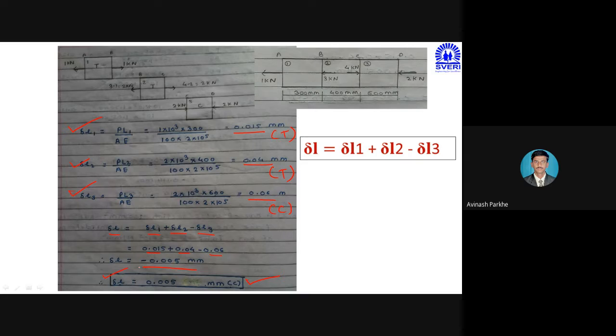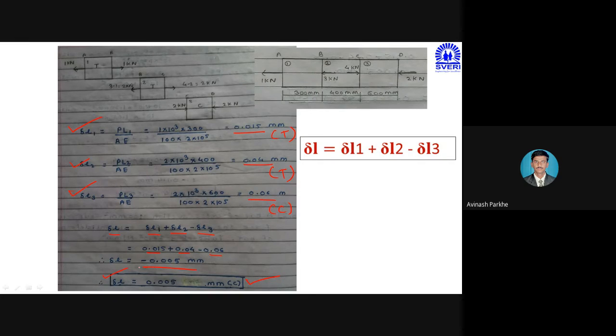Okay, has everyone got it? Is anybody having any problem? No problem, sir. Yes, -5 into 10 raised to -3. That answer is also accepted, no problem. -5 into 10 raised to -3 means -0.005 mm. But try to represent the final answer in the form of digits.